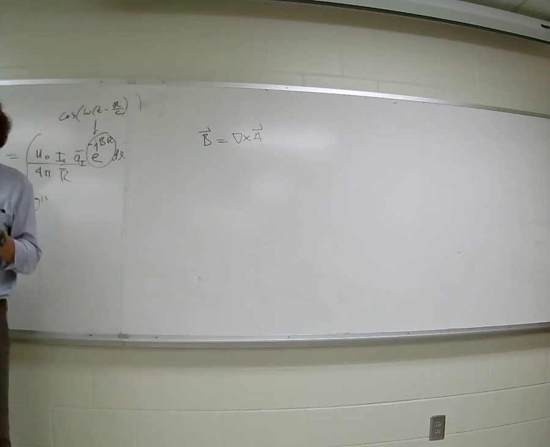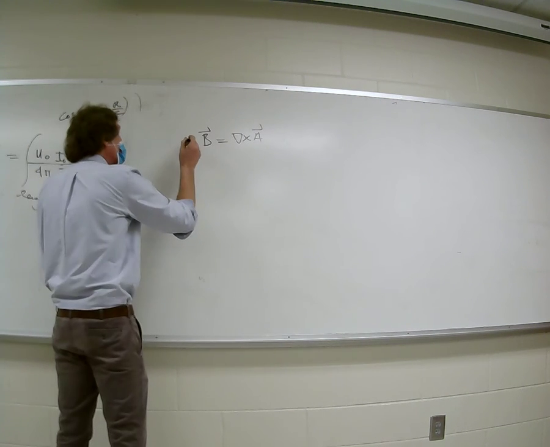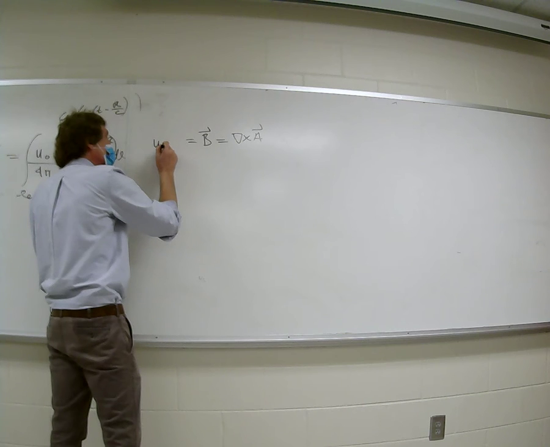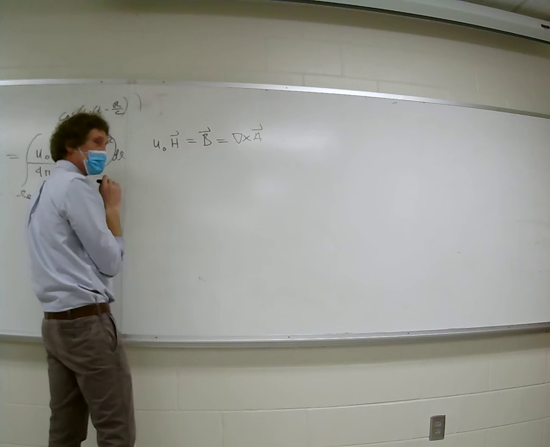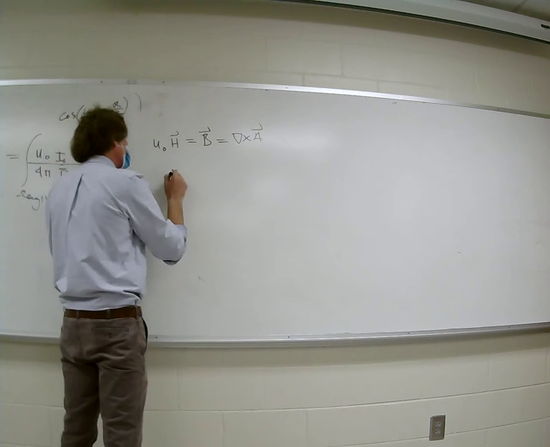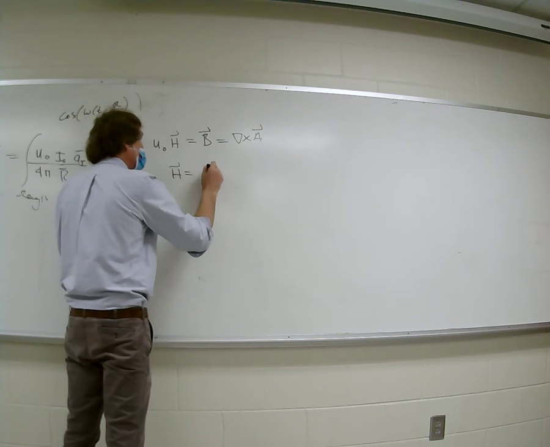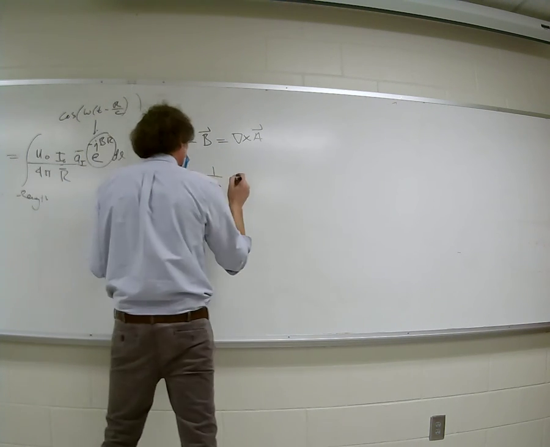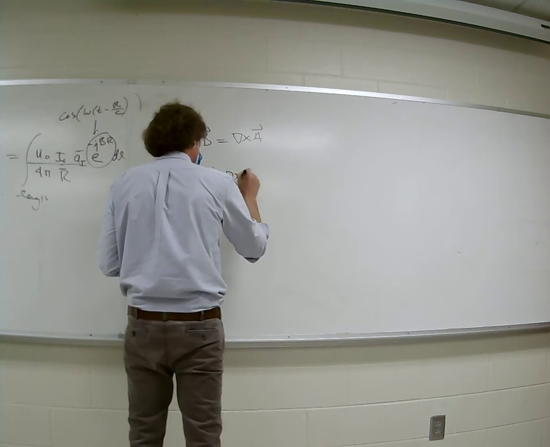Webers per meter squared. Remember, it's a flux density. B is also equal to mu 0 H if it's free space. Y'all remember that? So I can say that really H is equal to 1 over mu 0 times the curl of A.